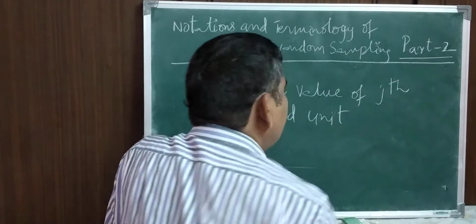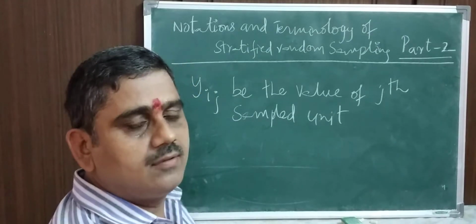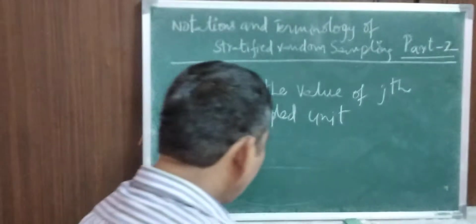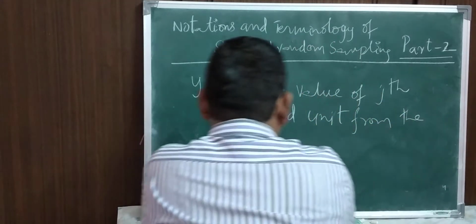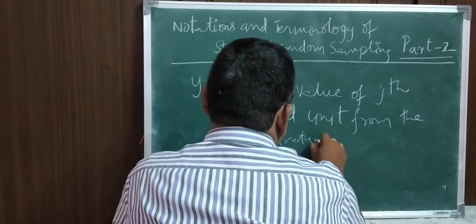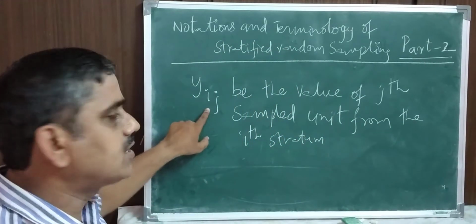That means the selected unit from the sample. The meaning of this is selected units from the sample, from the ith stratum. Jth unit selected from the ith stratum.